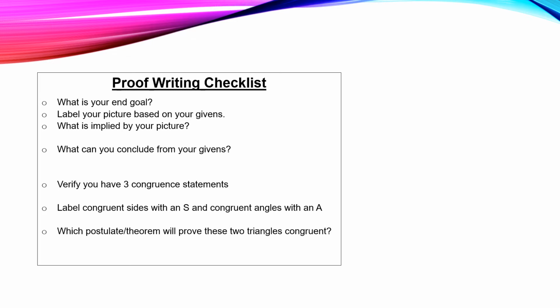Like if there are parallel lines, what could we say about alternate interior or alternate exterior angles? What could we say about vertical angles? What could we say about 90-degree angles? That kind of stuff. You might need to pull out your Chapter 2 reference sheet or your Chapter 3 reference sheet to help you remember some of these theorems. Make sure that you have 3 congruent statements before you say that the triangles are congruent.